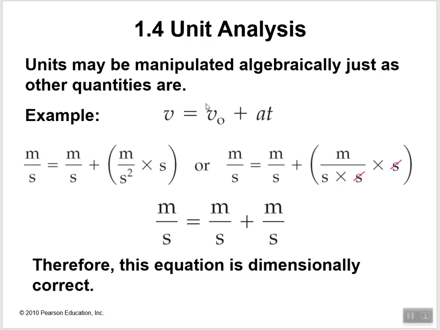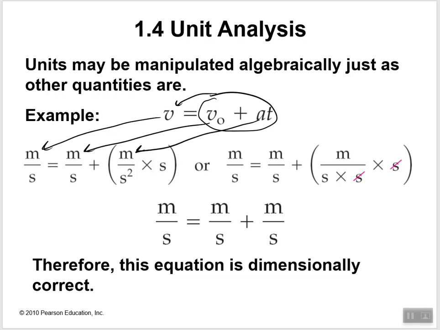So if this over here is going to be equal to the velocity on this side, then velocity plus acceleration times time also has to be equal to velocity. So what they're showing us with the unit analysis is that this velocity is meters per second, v naught is meters per second, acceleration is meters per second squared, and time is in seconds.